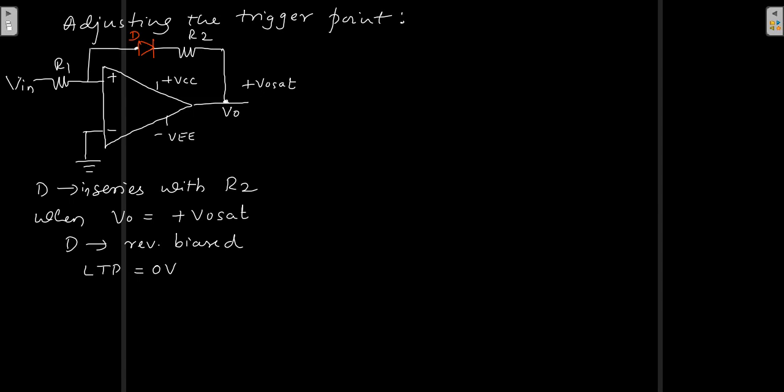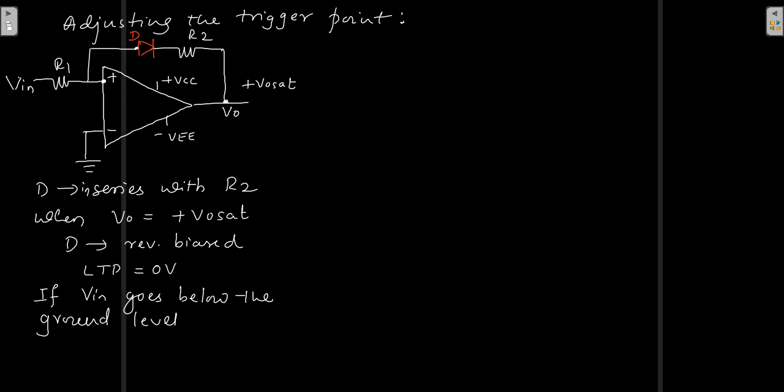We have already seen it from the point of view of the inverting Schmitt trigger circuit. When the input is 0, the voltage at the non-inverting terminal is 0, so obviously your LTP is 0. Now if V in goes just below the ground level, please understand we are looking at the negative half cycle here, because the diode connection is concerned with the negative half cycle.